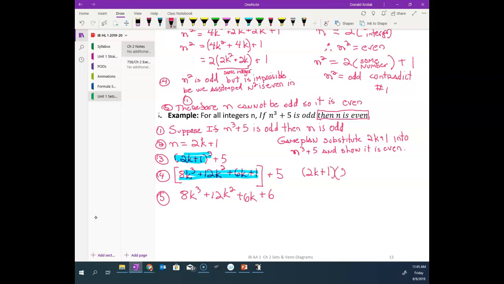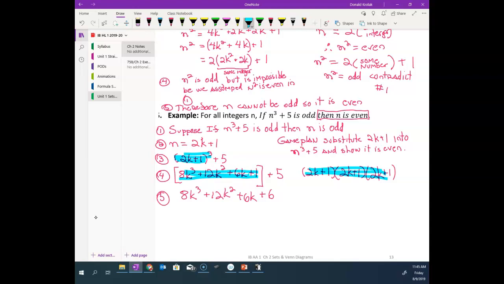This would be 2k plus 1 times 2k plus 1. Okay, that's 2k plus 1 cubed. And if you multiplied all that out, it would become this. All right, now, when we add 5 to that, we get statement 5.